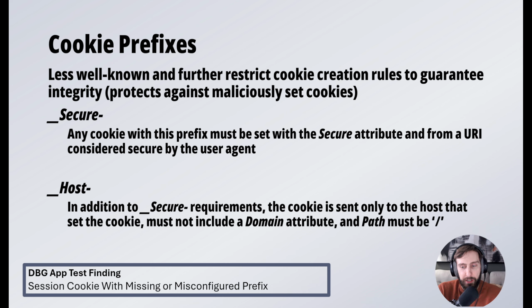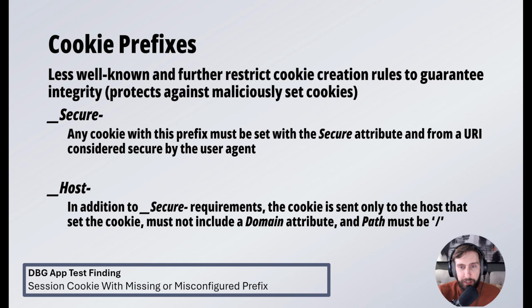Cookie prefixes are very much underutilized and I think often confused. When you read a lot of resources on HTTP cookies and how to protect them, you see a lot of focus on the classic attributes, HttpOnly, Secure, SameSite, but a lot of cookie readings and tutorials out there just completely ignore prefixes, and they're not really used that much in practice, but they do actually have a significant benefit.